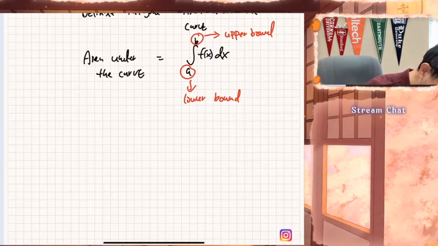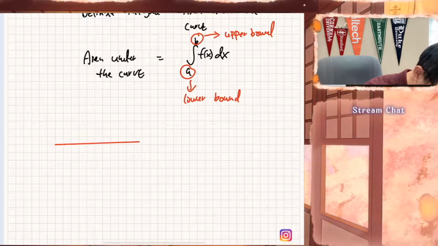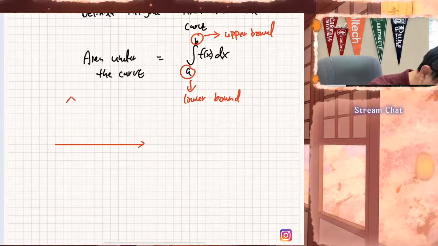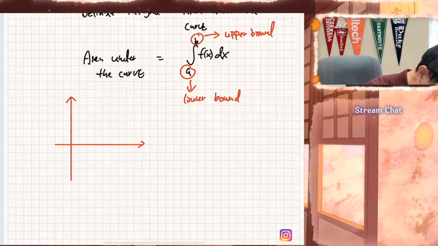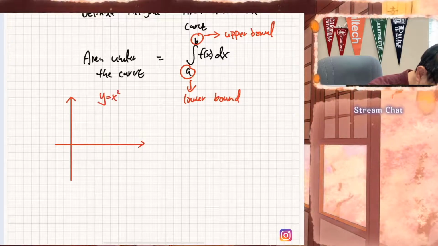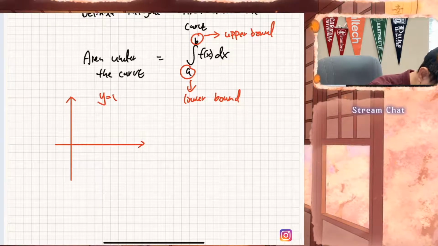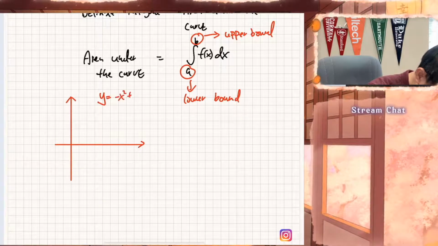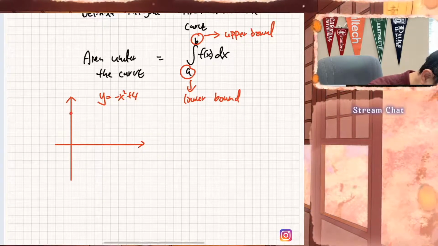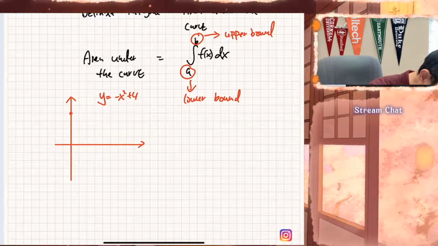So if I have some type of area, some type of equation, and we're going to call this equation y equal to negative x squared plus 4. It's going to look like this.